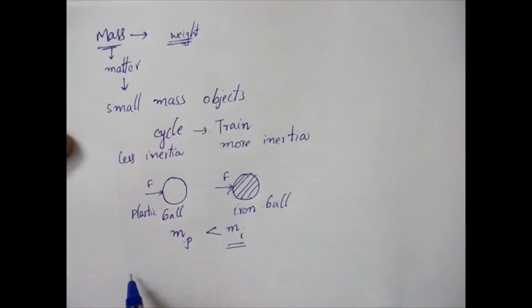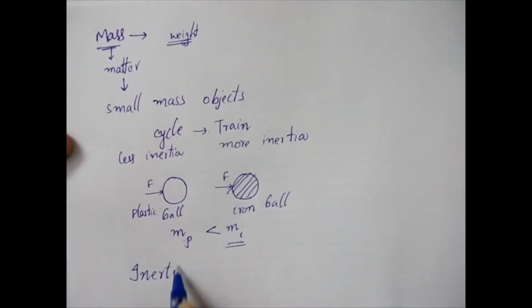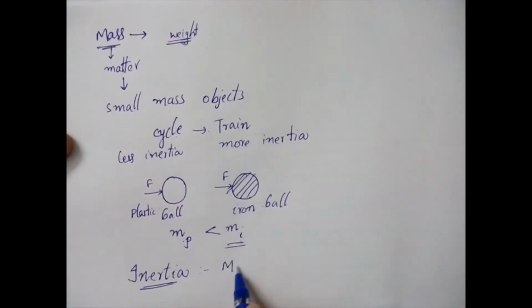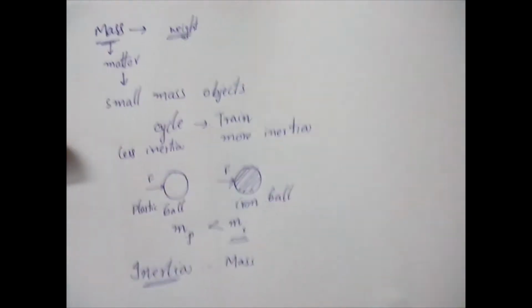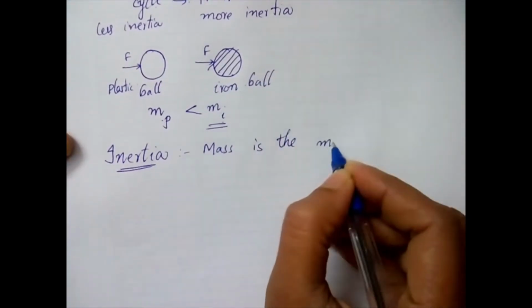So inertia is due to mass. That's why mass is the measure of inertia. Mass is the measure of inertia.